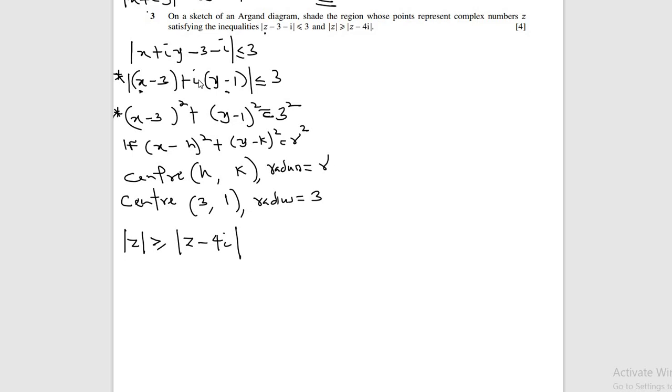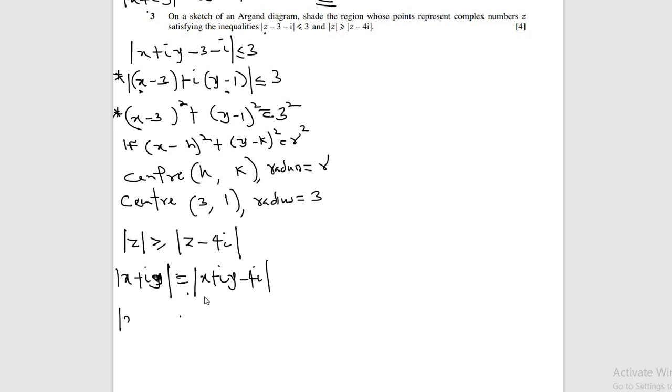If you have something like this, like from inequality, for example, you need to square both sides. That's the meaning. Remember that z is x plus iy. This z is also x plus iy minus 4i.